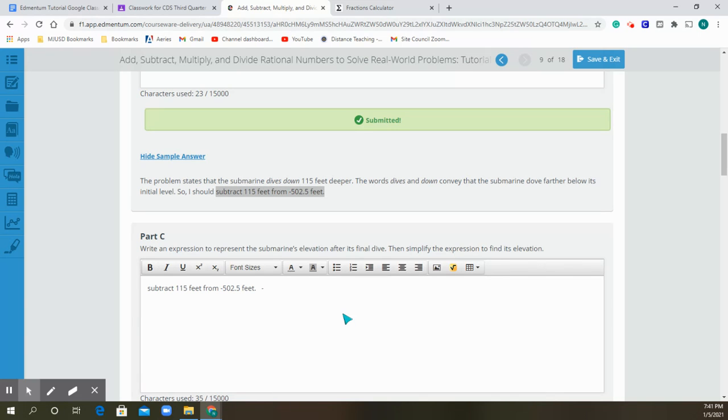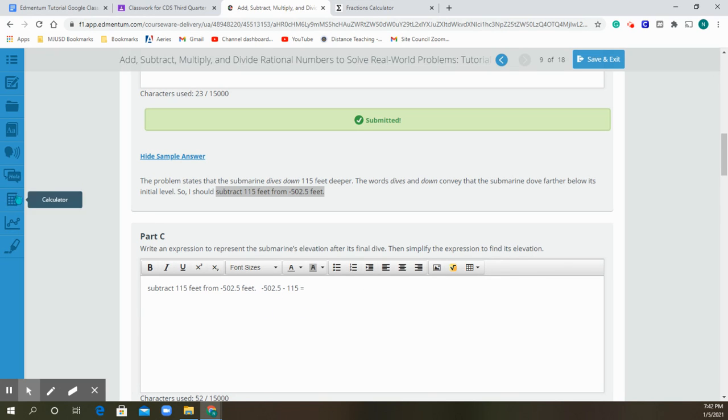So minus 502.5 minus 115 feet equals. Then it says, and to find its elevation. So then I need to do that problem.